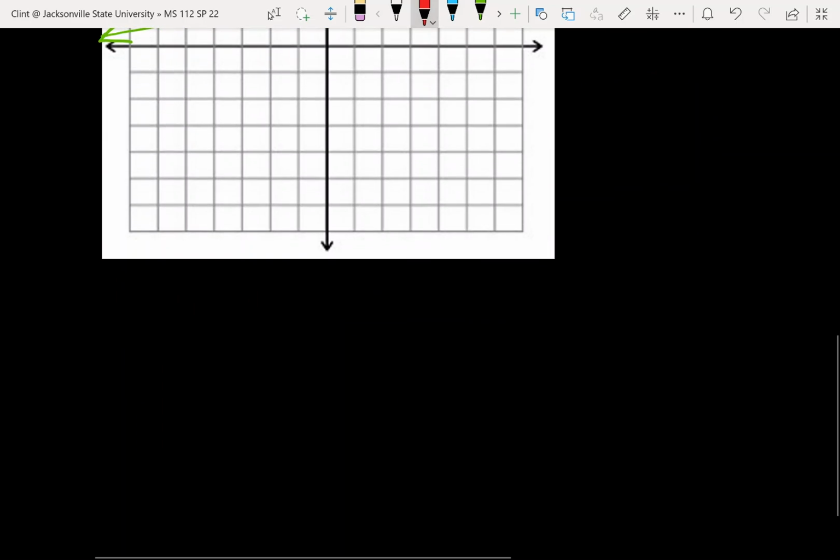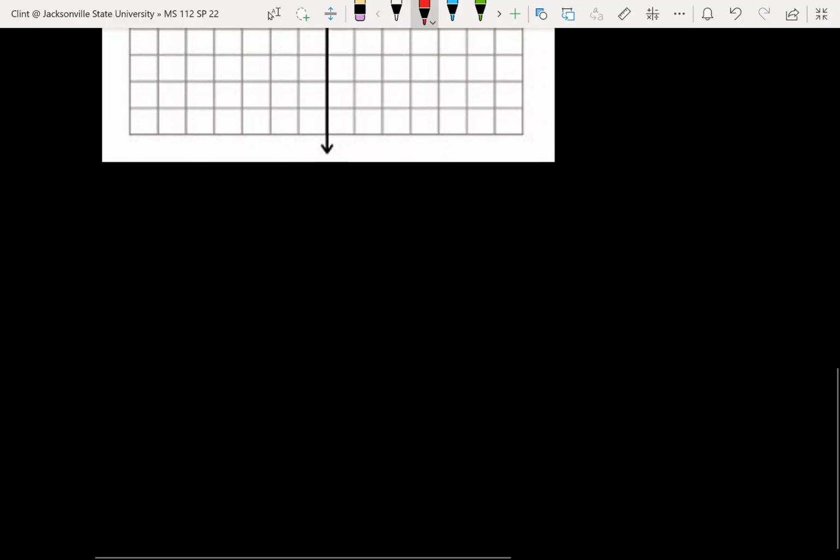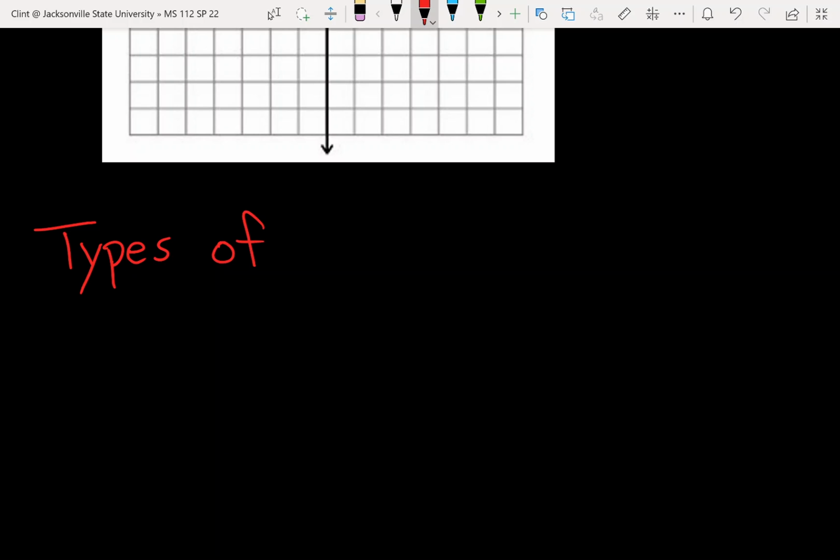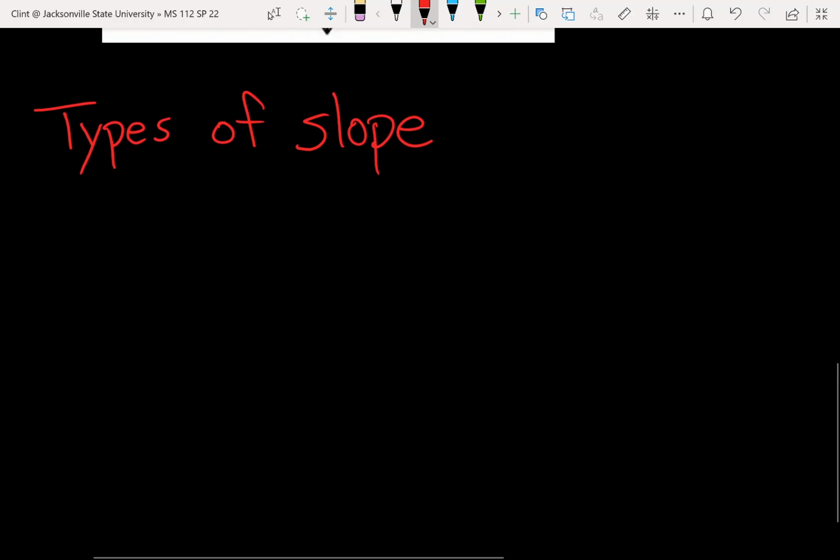We'll come back to that graph. We've got 4 basic categories or types of slope that a straight line can have. So slope, one way we talk about that sometimes is rise over run.